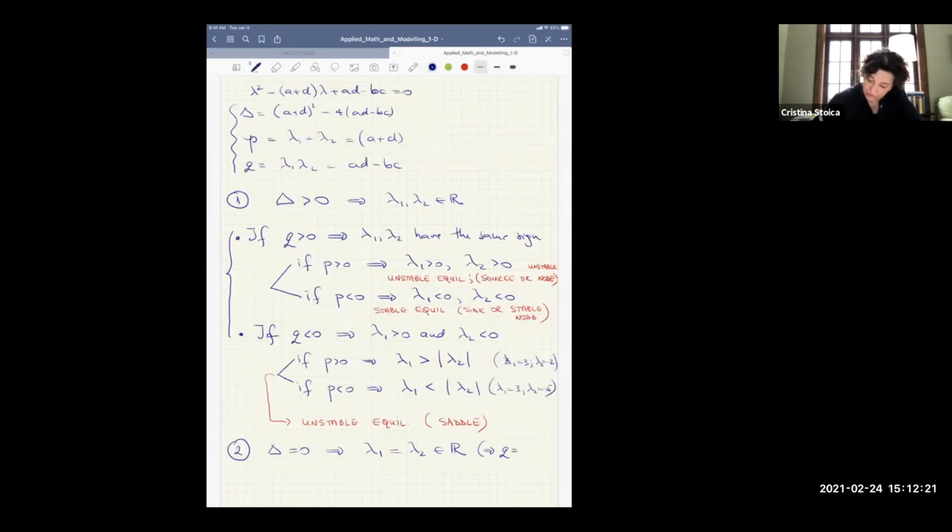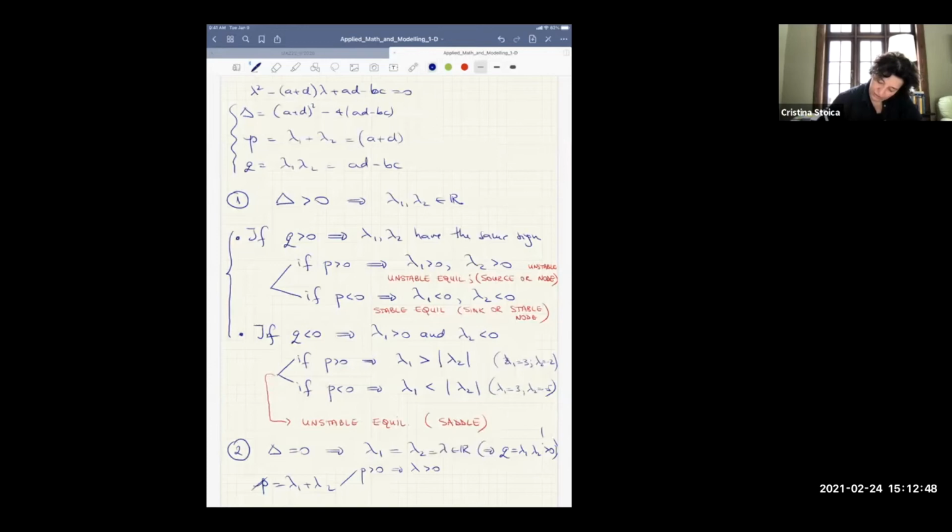So this guy will always be positive, so we don't have to look at it. But what we can look at is P, right? So P is lambda 1 plus lambda 2. And then if P is 0, this means that lambda is 0, so both of them. So maybe I could call them lambda 1 equals lambda 2 equals lambda, right?